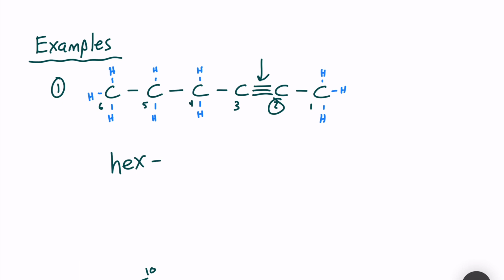We'll then take a look at the location of our triple bond. It is on carbon number 2, so we can write hex-2, and our ending is YNE. So our hydrocarbon name here is hex-2-ine. Okay, so that's example number 1.